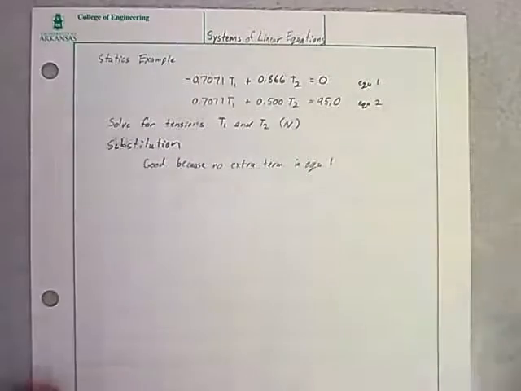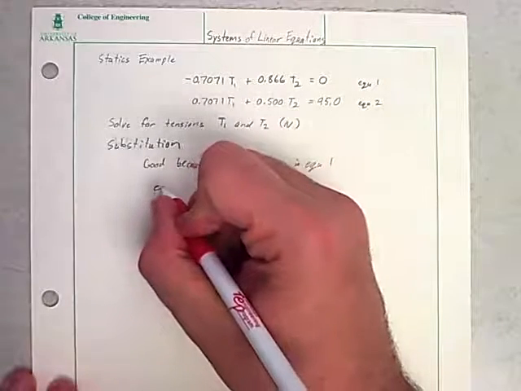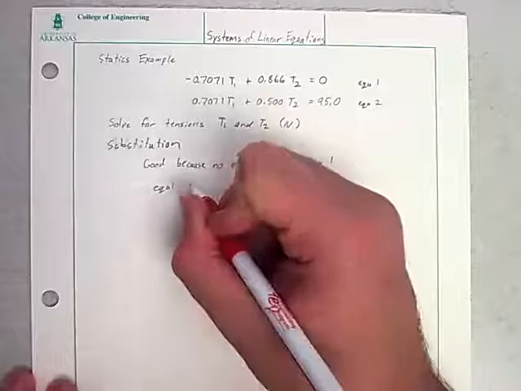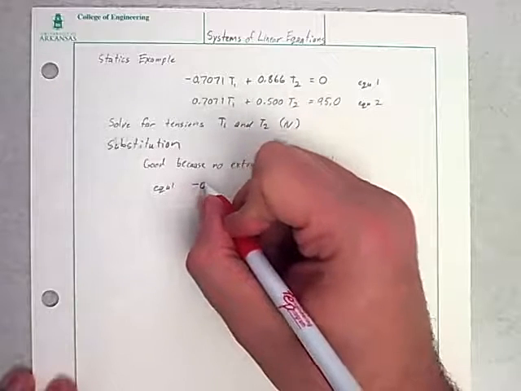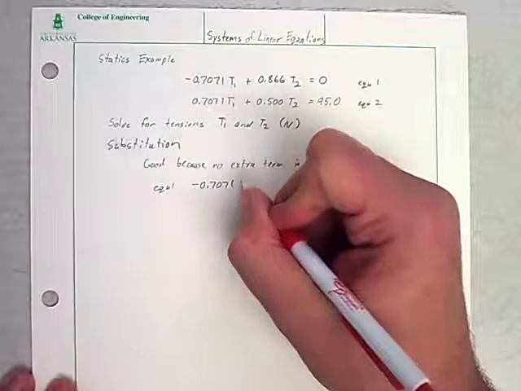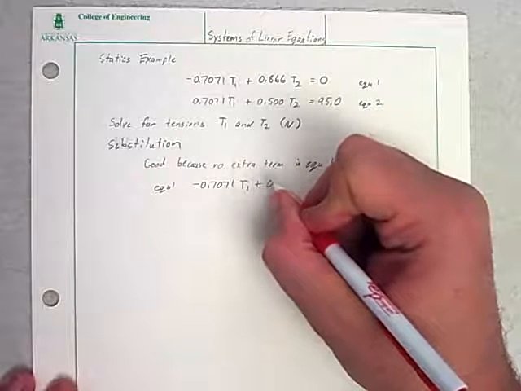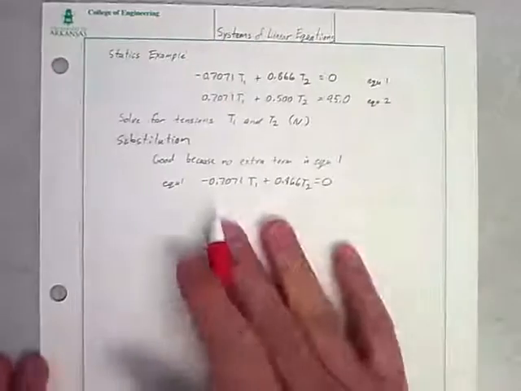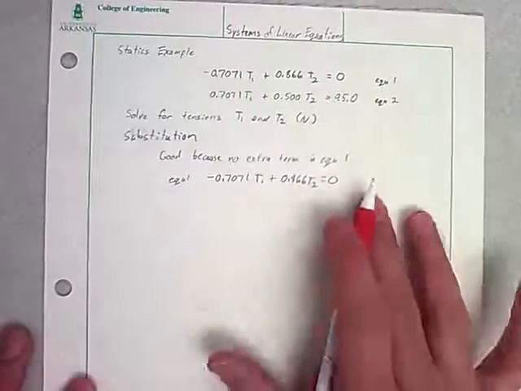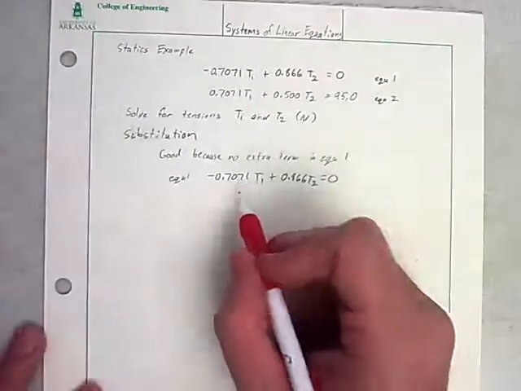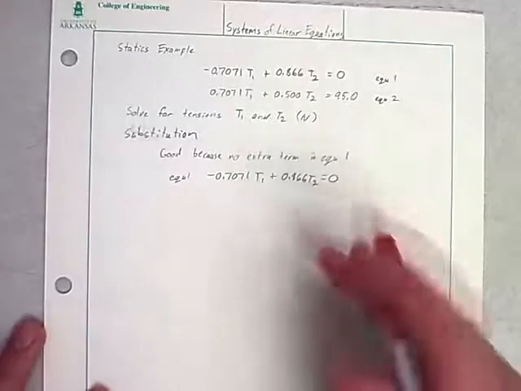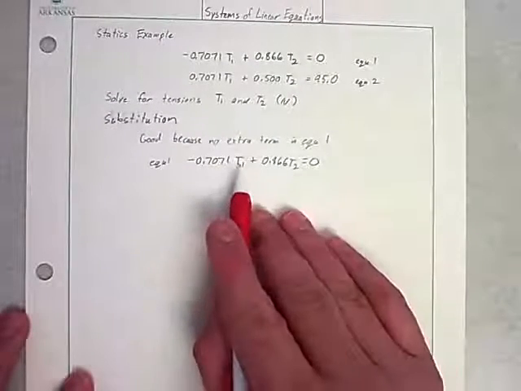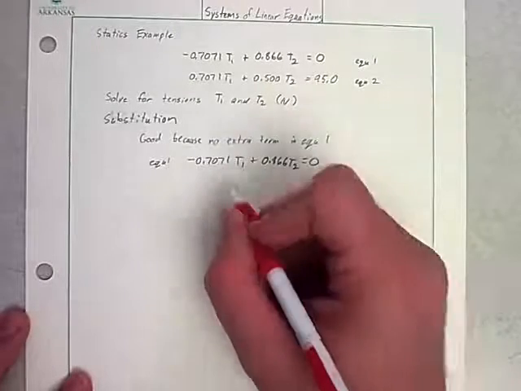So I'm going to take equation 1. I'm going to rewrite it down here just so that we know what we're doing. I'm going to go ahead and move, let's just do it because I like getting rid of negatives. Let's just go ahead and move T1 to the other side.